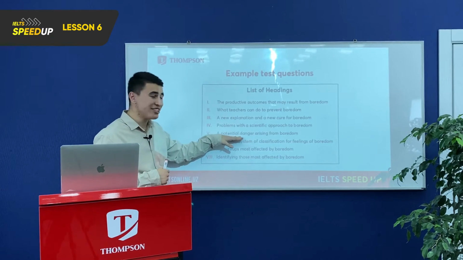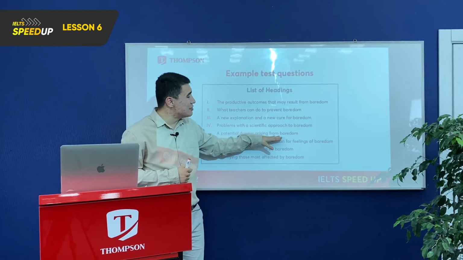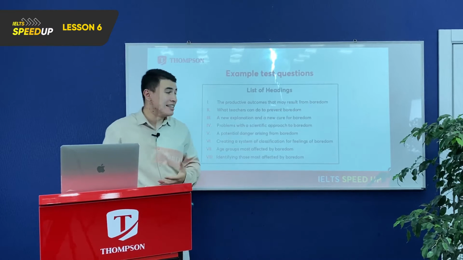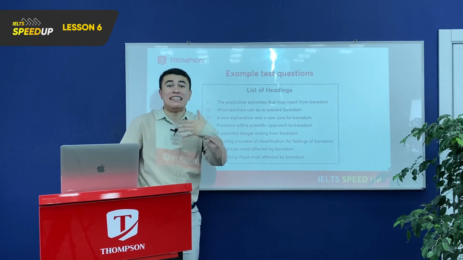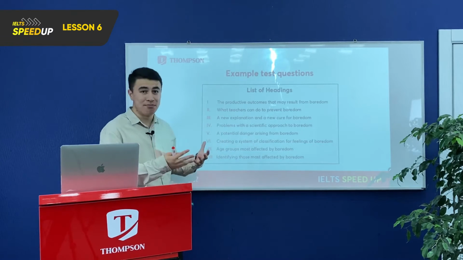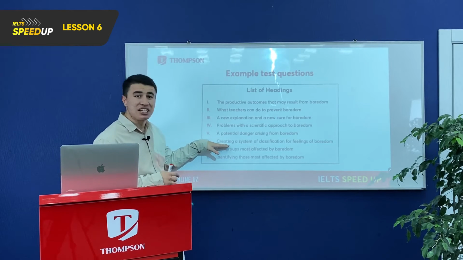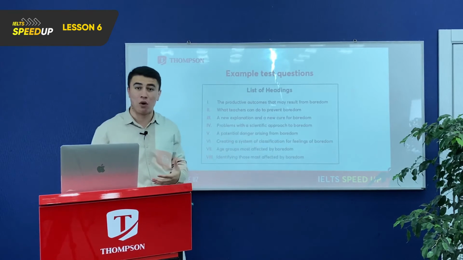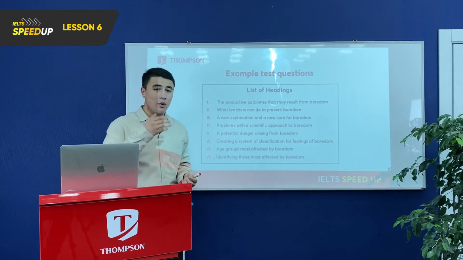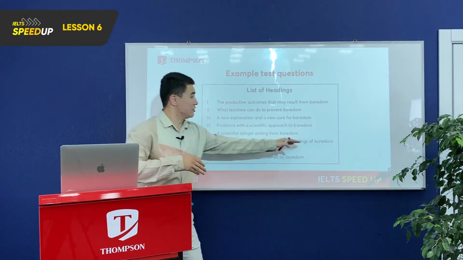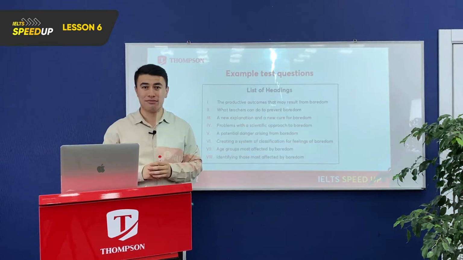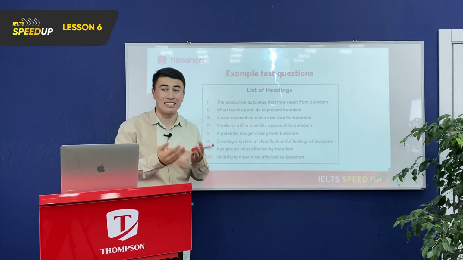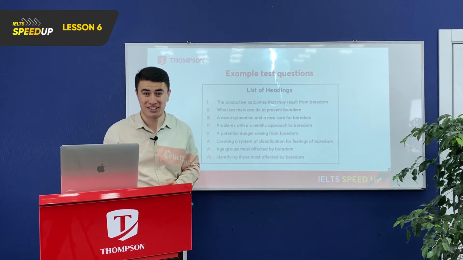Next, a potential danger arising from boredom. So negative effects that may negatively affect human beings. Okay, next, creating a system of classification for feelings of boredom. So whenever boredom is classified or divided into groups or types, this is going to be your answer.